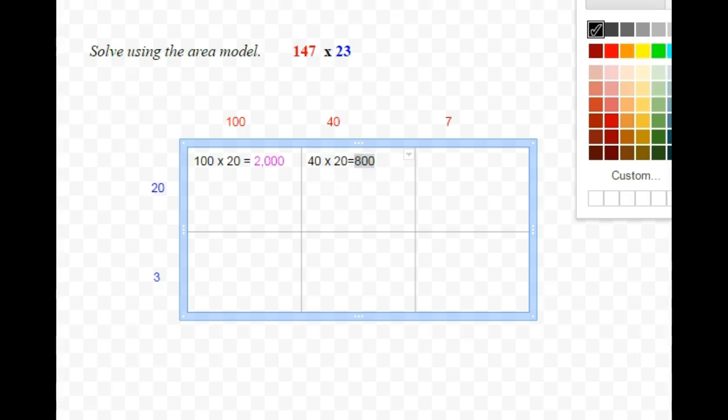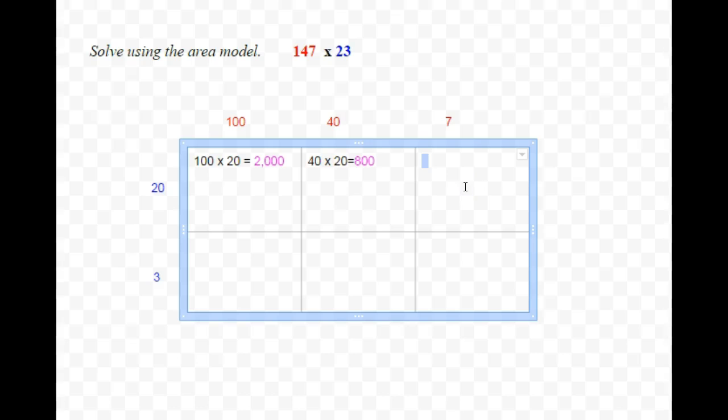I'm going to change the color again. It's my final answer. Then I take 7 times 20, that equals 7 times 2 is 14, and then add my other 0, so that's 140.